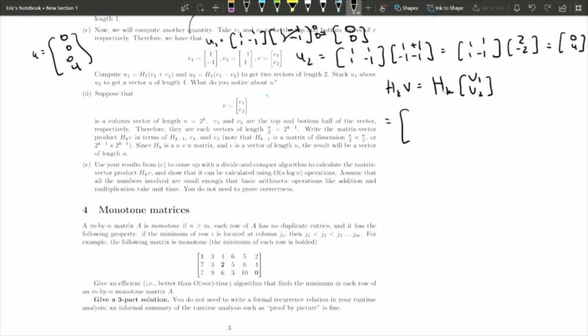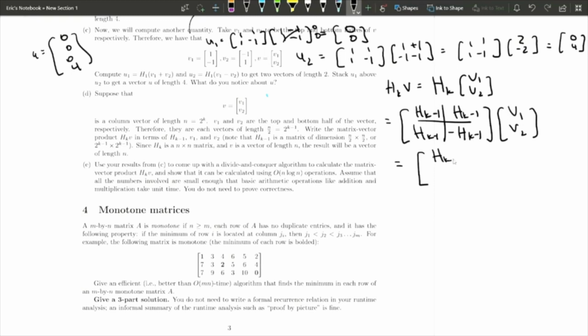We know that the definition of Hk is Hk minus 1, Hk minus 1 on top, Hk minus 1, negative Hk minus 1 on the bottom, times v1, v2. Feel free to finish this question if you know how, but let's just expand this out.